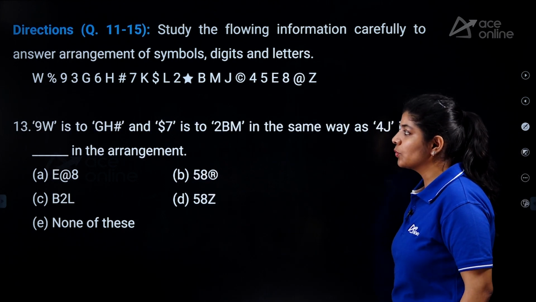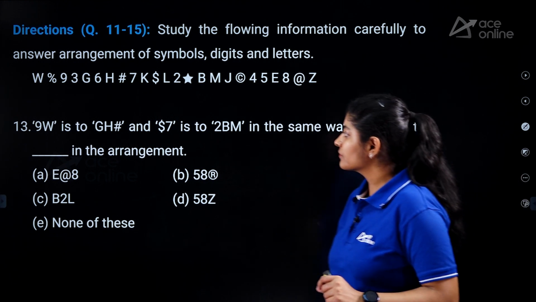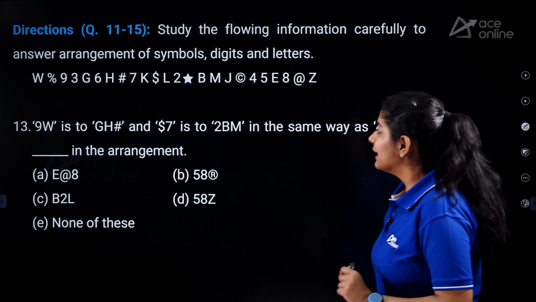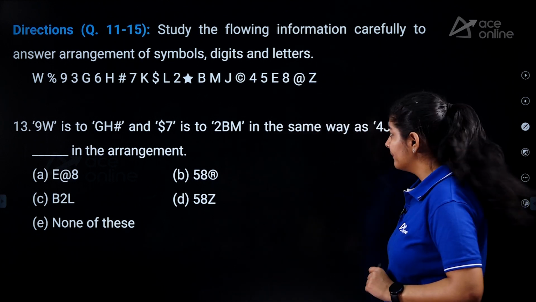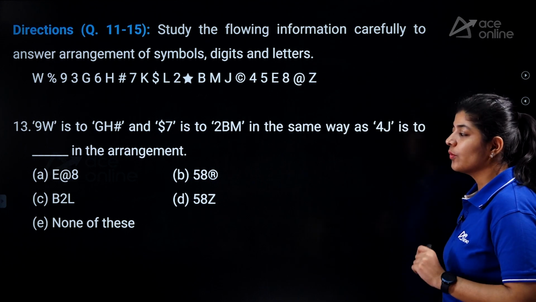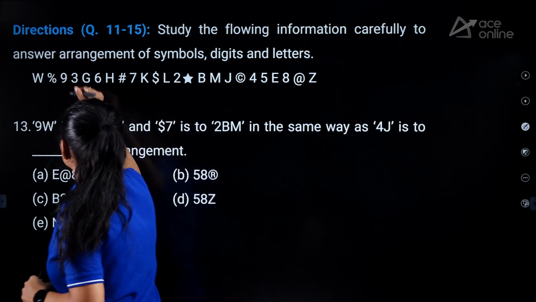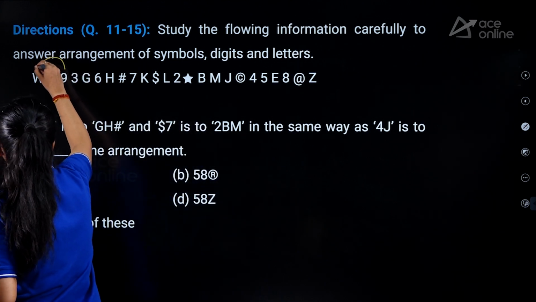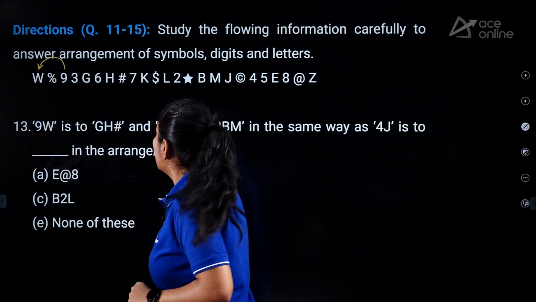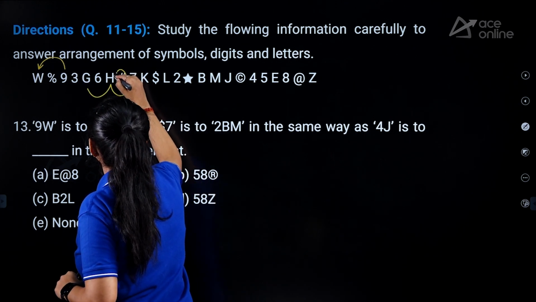NW is to GH hash and $7 is to 2BM, in the same way as 4J is to what in the arrangement. So first we have to identify the relation. Here we are having N and we have to go to W, and here we are having G, H and hash.